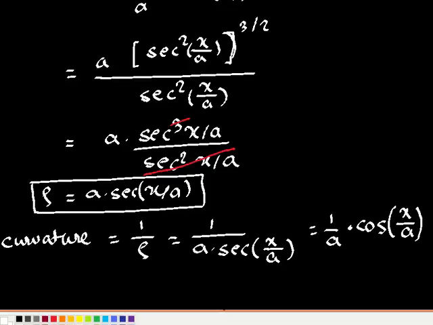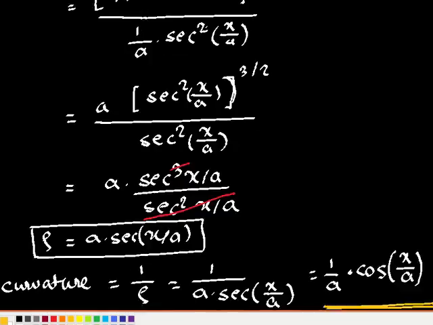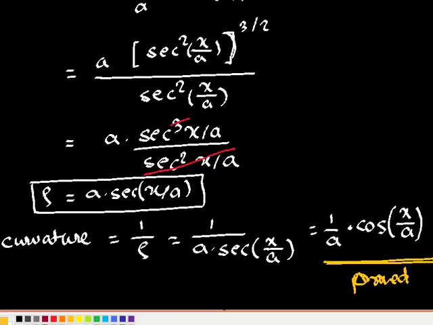This is the final answer, and this is what we have been asked to prove. So it is proved. We have been asked to show that the curvature at any point is 1 upon a into cos x upon a, and we have obtained the same expression for the curvature.